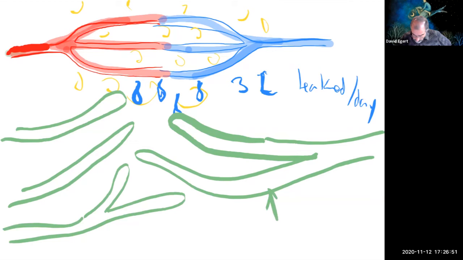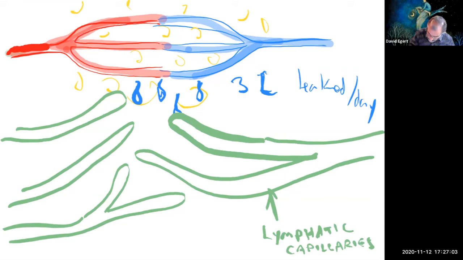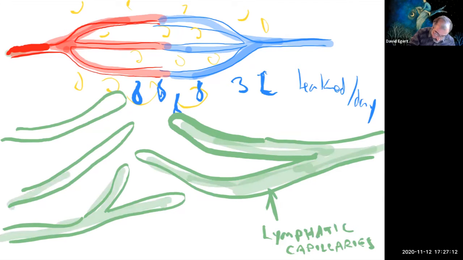So these are my little lymph capillaries. And they are just all over the place, permeating through your tissue, just like your blood vessels are.